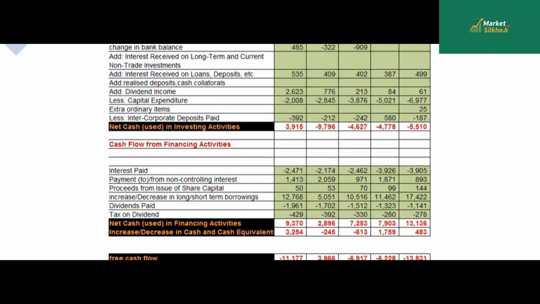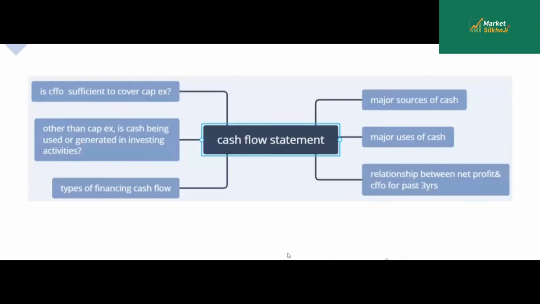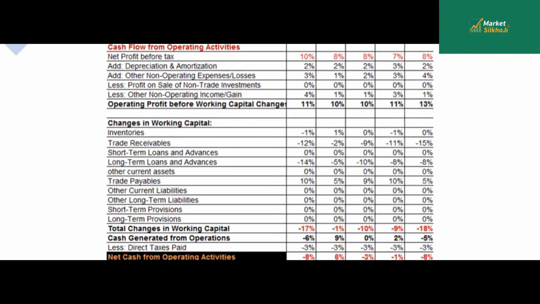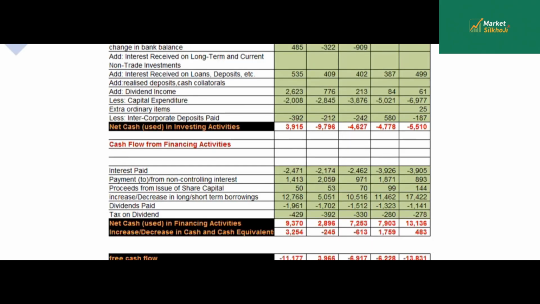So for this company, things are very different, right? Even if you look at free cash flows, it is also consistently negative. So company one generated 15,000, 16,000 crores of free cash flows in 5 years. Whereas company two, if you add up all these numbers, it's like 11, 7, 18, 24, 28, 30.